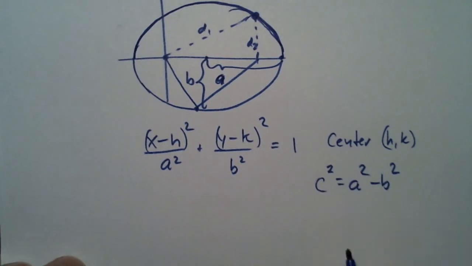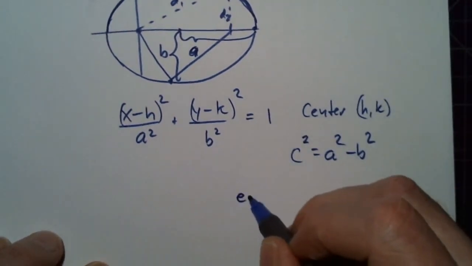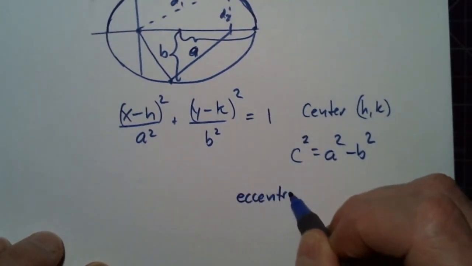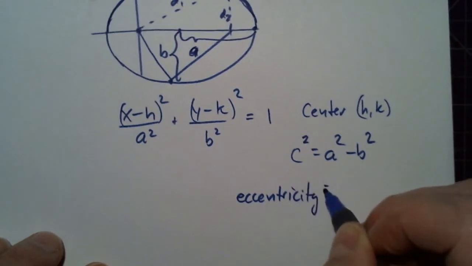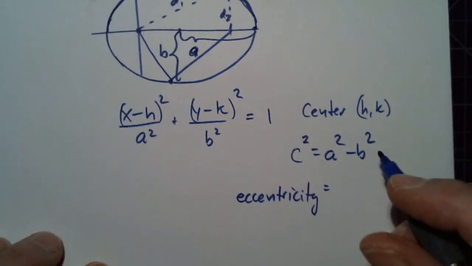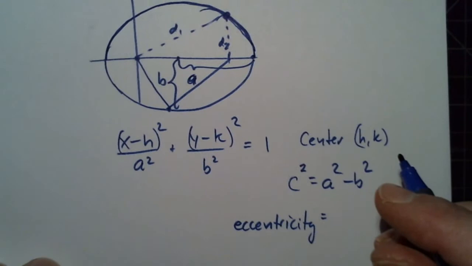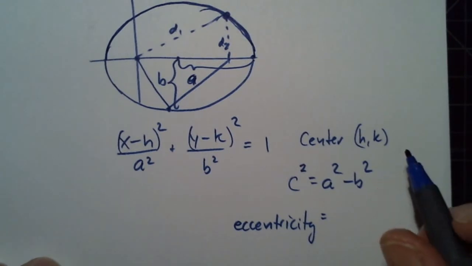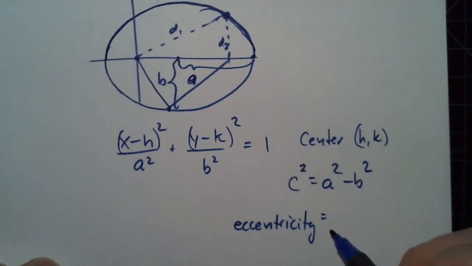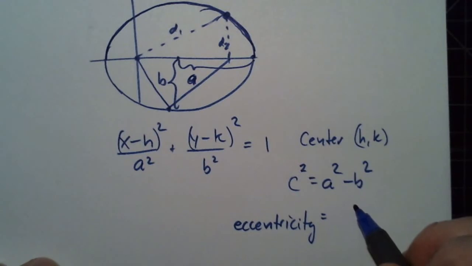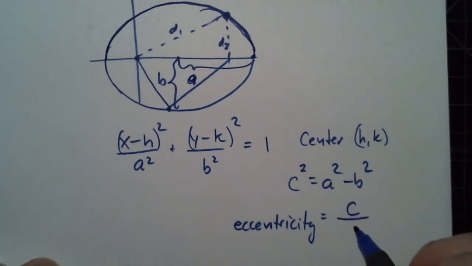And one more thing is called eccentricity, and that is a measure of how far away from a circle the ellipse is. The eccentricity is the distance to the focus divided by the distance to the ellipse.